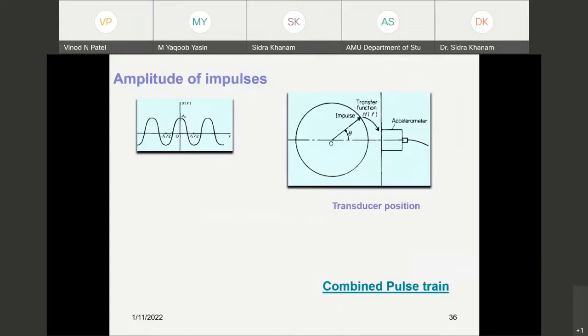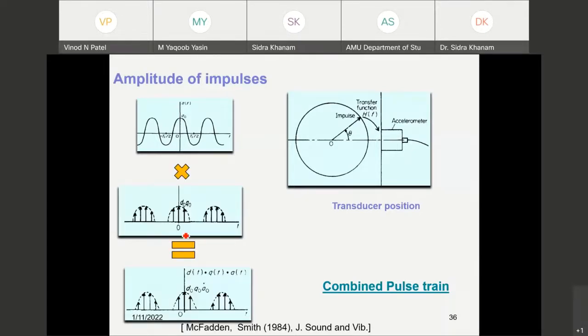And another thing is that while the defect is generated, the bearing may be under a housing, so there will always be a transmission effect. The transmission effect can again be multiplied by providing some additional exponential function. If you multiply this with the additional exponential function, in time domain it is a dot product, but in frequency domain it will be a convolution.